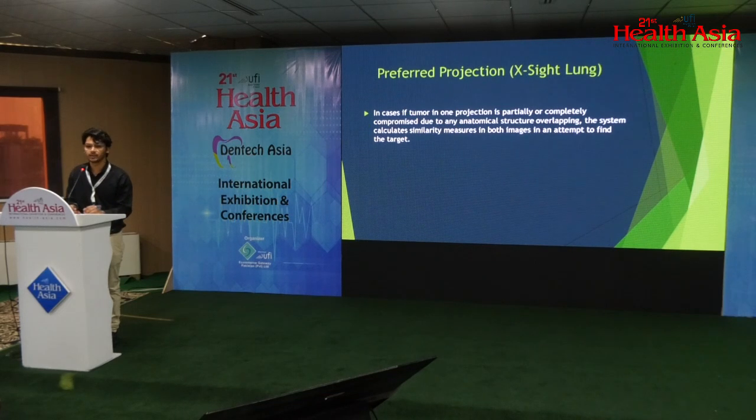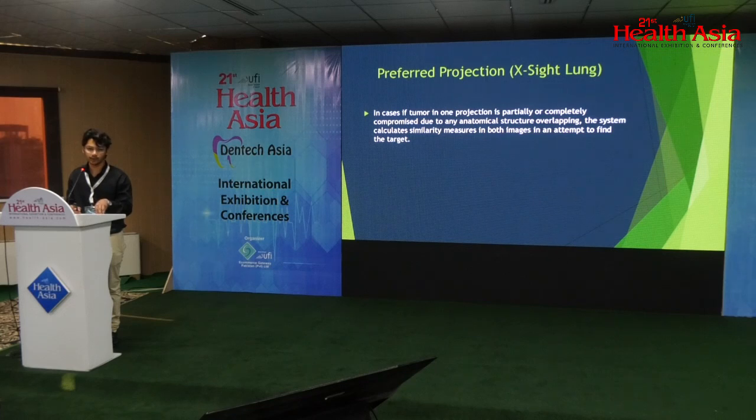Preferred projection. In cases where we cannot visualize the tumor completely, the robot runs an algorithm that assumes the tumor might be in this position, and the robot does that confidently because of the real-time imaging.